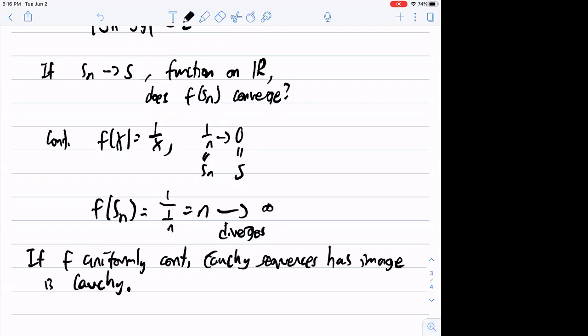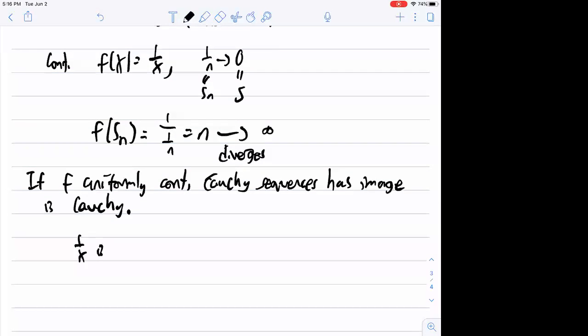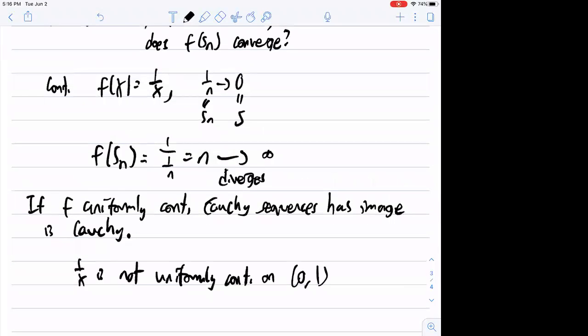So obviously, from here you see that 1 over x is not uniformly continuous on (0, 1). Because if it was, the sequence n would be Cauchy, right? Because 1 over n is clearly Cauchy. 1 over n converges, right? So it's saying the image will be Cauchy, which is not. But let's just prove it, right?